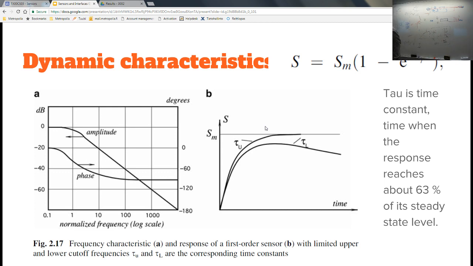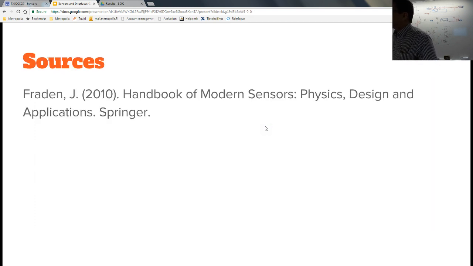But here we are in luck, since most often any sensor characteristic is more or less like a first order low pass filter. So it's very simple to model. It's also doable to compensate for that kind of dynamic error.